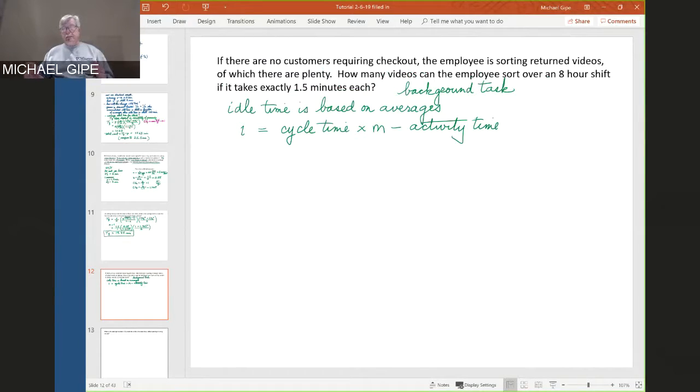In other words, it's A times M minus P. And in this case, we have 2 minutes of inter-arrival time times one resource, one checker, minus 1.7 activity time, and that says we have 0.3 minutes per customer.